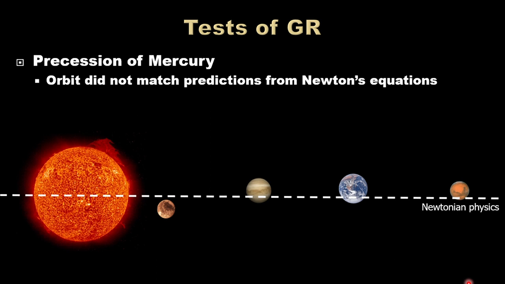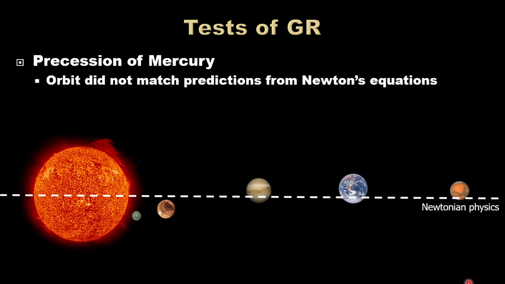And one explanation they came up with, one hypothesis, was that just like there was another planet beyond Uranus tugging on it, which led to the discovery of Neptune, maybe there is another planet closer to the sun than Mercury that's tugging on Mercury and accounting for these anomalies, and that we just haven't observed it because it's so close to the sun that it's lost in its glare.